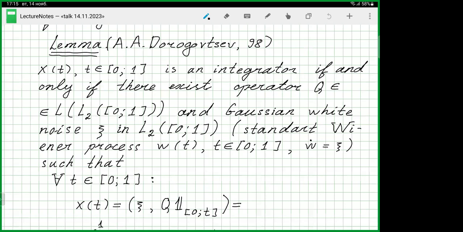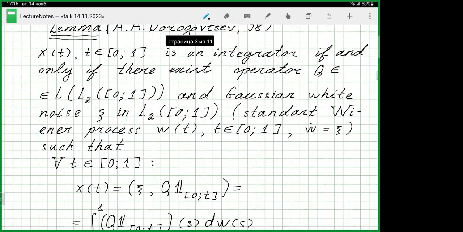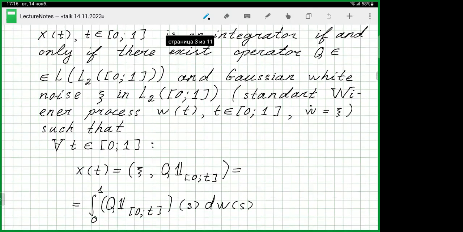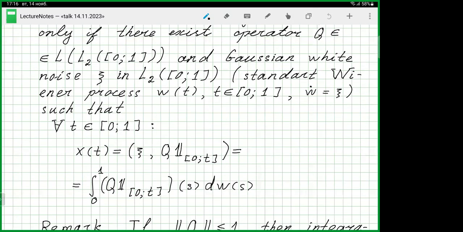One can just think about psi as the formal derivative of some standard Wiener process W_t, such that for all t, X_t is equal to psi from Q applied to the indicator of [0,t]. By the way, if Q is just the identity operator, we get the Wiener process itself. So we have such a nice representation of an integrator.